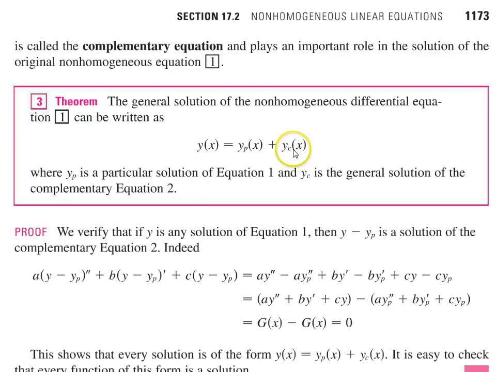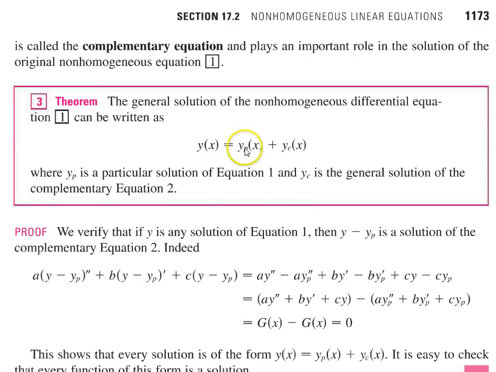Really it's saying that all the play that can occur in the different solutions for second-order differential equations occurs in the part that gives you 0 out of the linear operator. And if we add on anything that can give us that g of x on the other side, we will have a representation of all possible solutions.